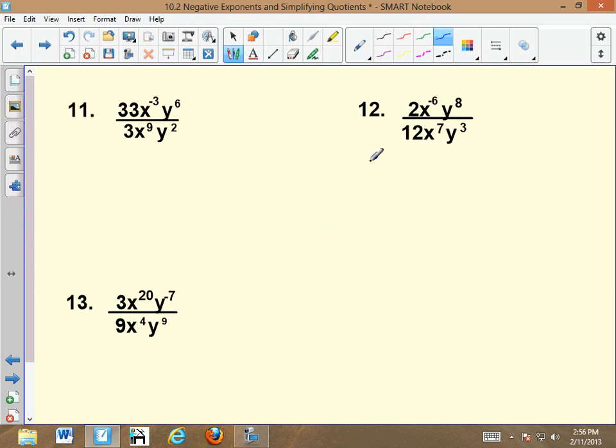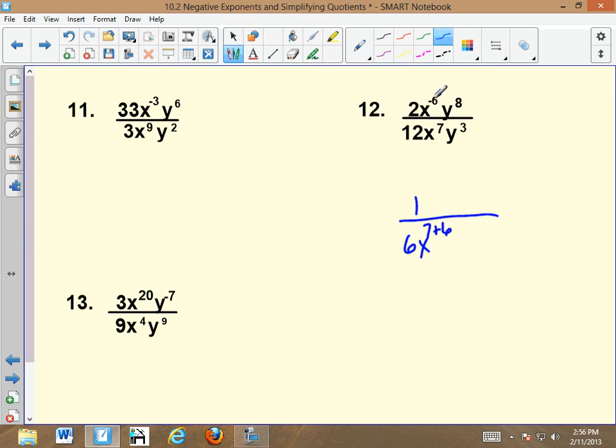We're going to do number 12. 2 divided by 12. Please do this in the calculator. 2 divided by 12 is 1 over 6. Now, look here. This is a negative exponent already. So when I move this down, what does it become? It becomes positive. So this actually is x to the 7 plus 6.